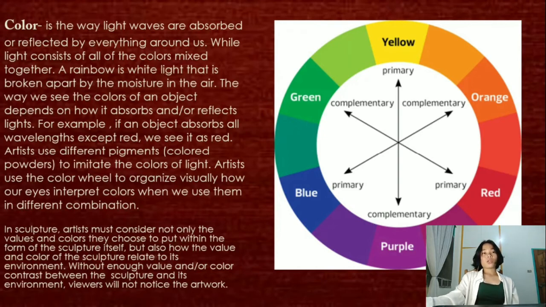The way we see the colors of an object depends on how it absorbs and or reflects light. In this situation, all of us people have different ways of seeing things. For example, the object is pink.